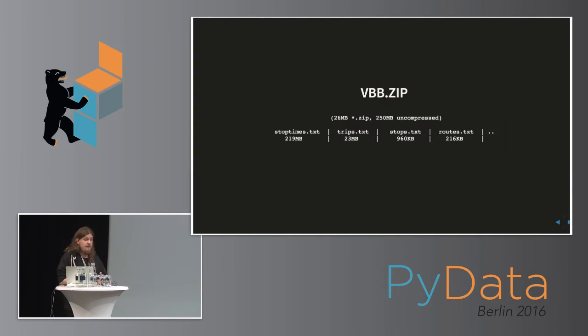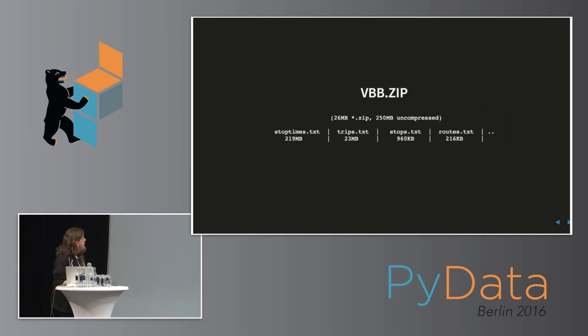If you look at the Berlin feed, which I just named VBB-zip right now, inside it you'll have a bunch of CSV files that are actually labeled as text files. Since it's a zip file, if you uncompress all of these text files, they're actually 250 megabytes big. So the data is already compressed, at 26 megabytes.